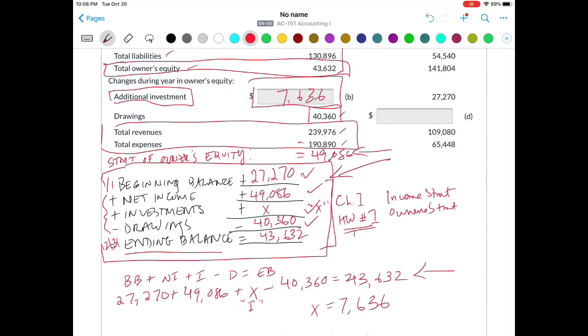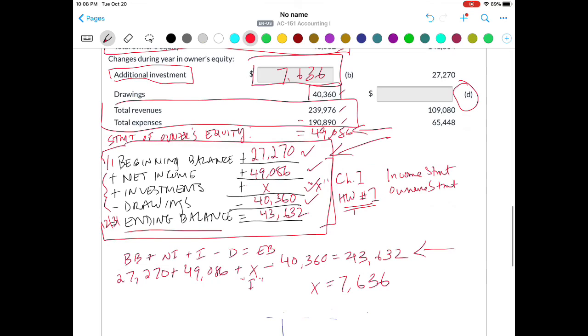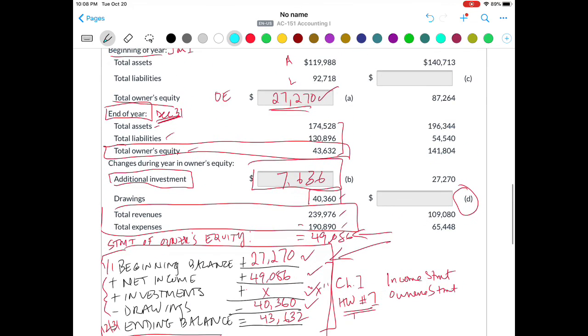If you have this skill and you know this is the process you want to go through, you should be able to do the second column in which we're solving for drawings, okay? So you're going to do the same thing over here, except instead of solving for investment, you're going to be solving for drawings. Obviously, your numbers will be different, but the process should be the same. Go ahead and give that a shot and let me know if you have any questions. Thanks.